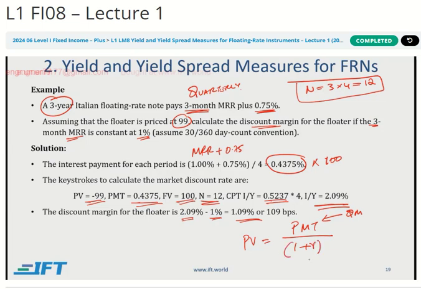The yield you don't know, so this you calculated with your calculator, the I/Y. And once you know that yield which makes this payment, the subsequent payments and the future face value equal to this present value, then you know the yield. And all you have to do is subtract from the yield the MRR, the benchmark rate, the reference rate, and that's it. You get your discount margin.